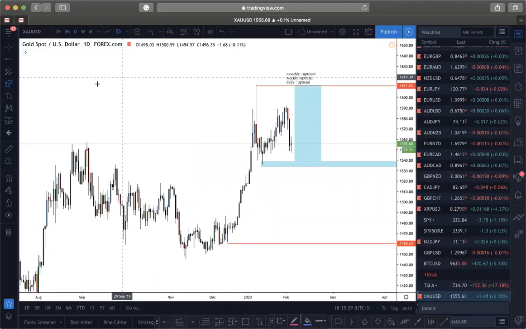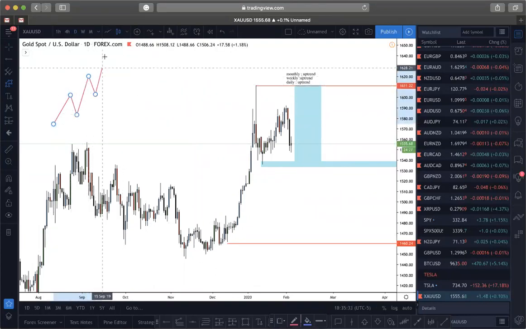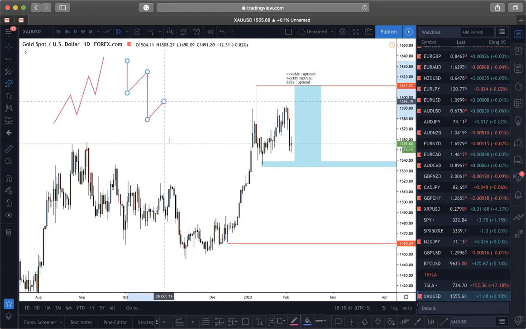So basically, we know that uptrends are made up of higher highs and higher lows, right? And downtrends are made up of lower lows and lower highs, right? Now, the moment the market stops making higher highs on an uptrend or lower lows on a downtrend, then that's cause for attention because that's telling us that the trend is about to change.